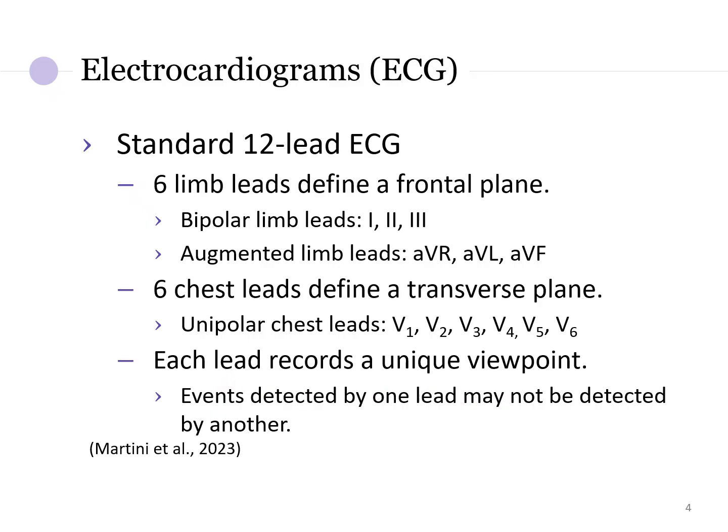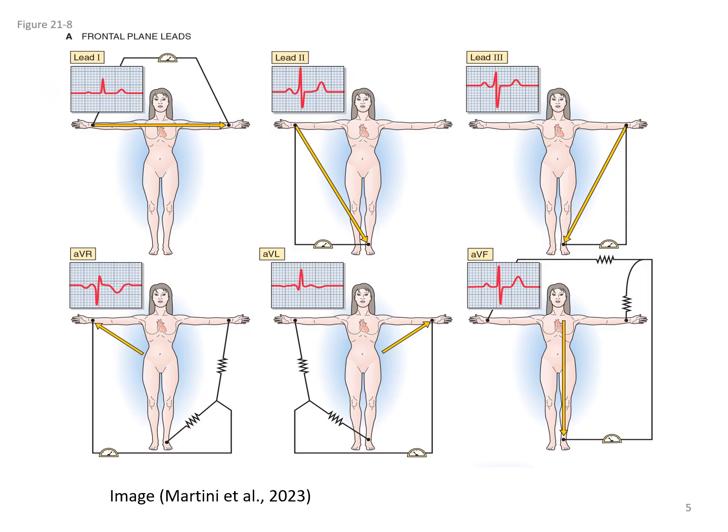We're going to show you what viewpoint each shows, some of them inferior, lateral, or anterior. Right here we have, for example, the limb leads 1, 2, and 3, and then AVR, AVL, and AVF, shown in the picture.